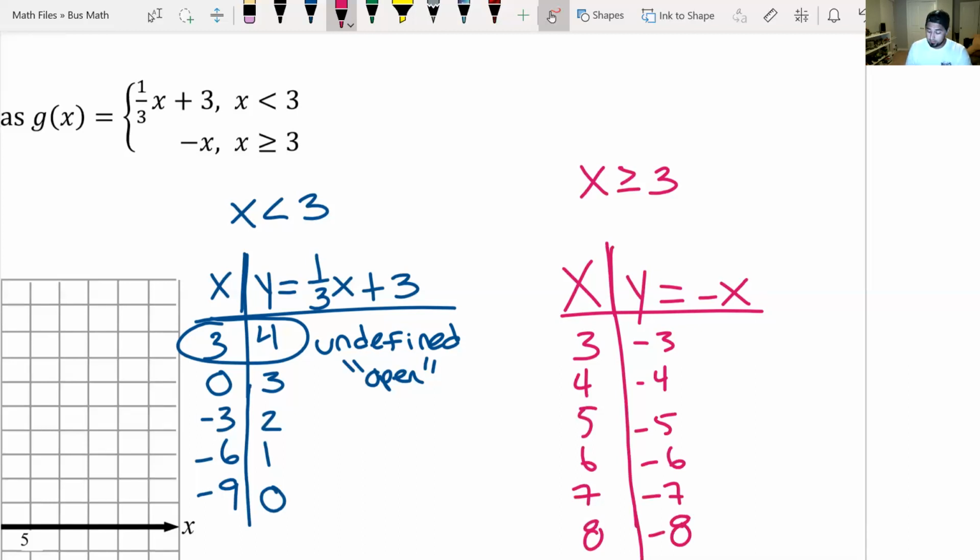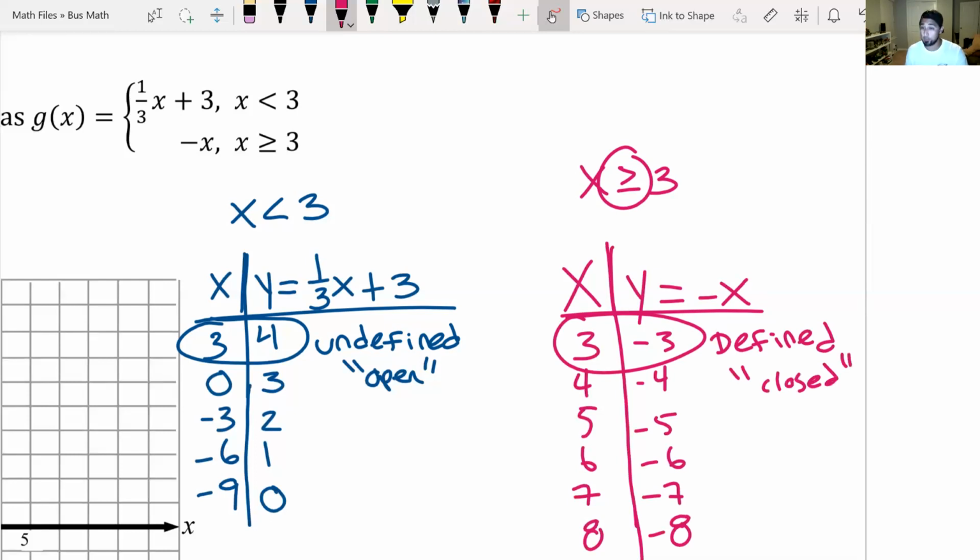Okay, now this one says we can be equal to 3. So this point will be defined, meaning it will be a closed circle. So let's go ahead and graph that one.